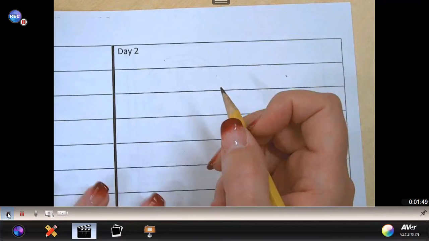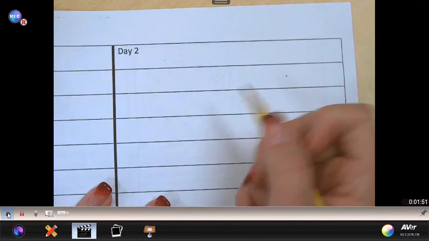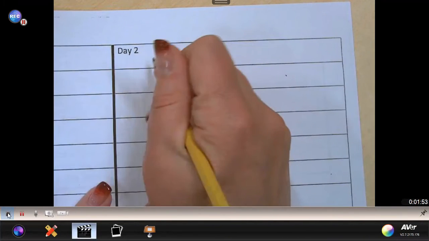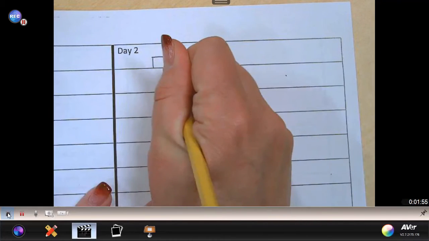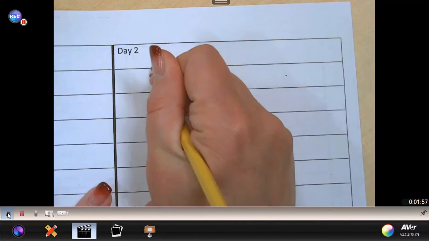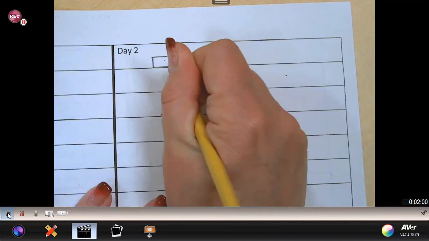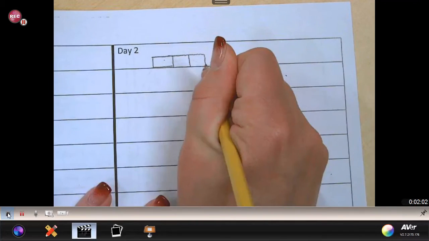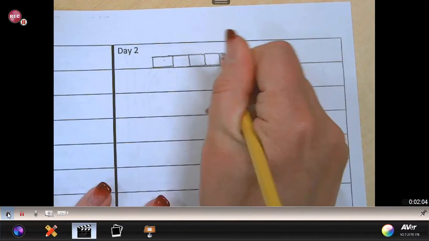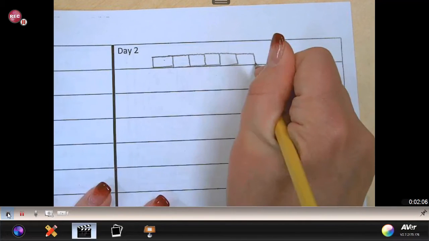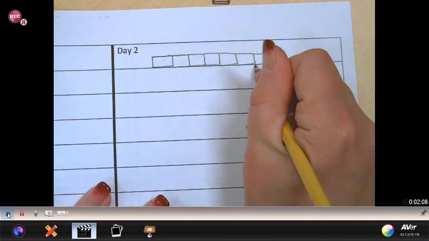But first we're going to draw a bar diagram to help us visualize what's going on in this problem. So there are 8 bicycles, and there are 2 wheels for each bicycle.